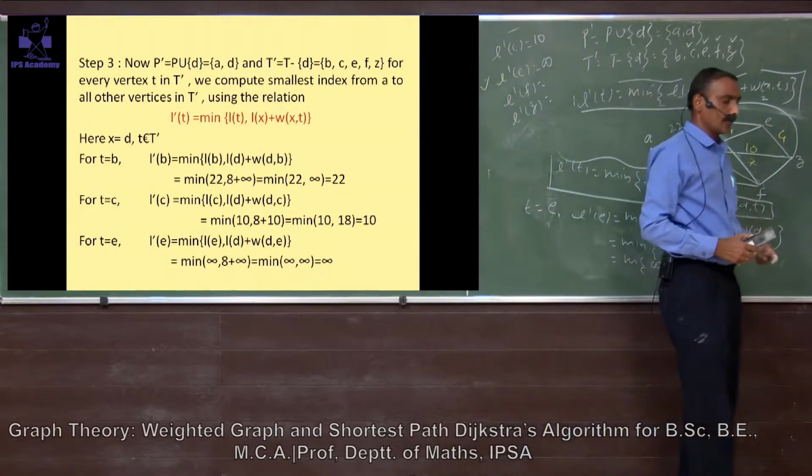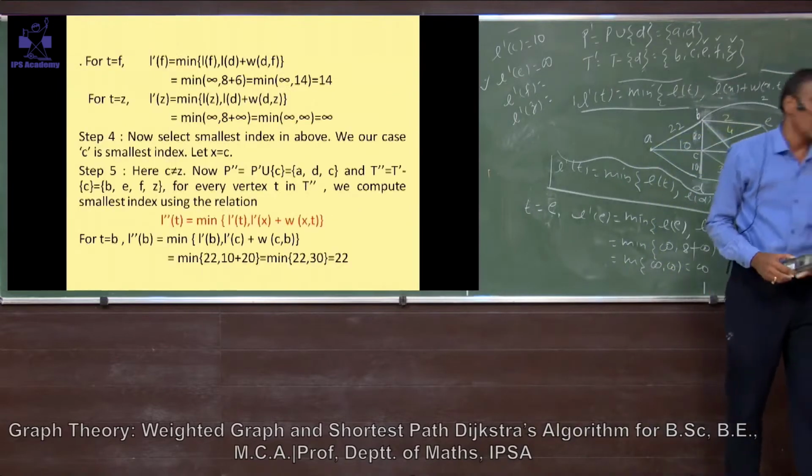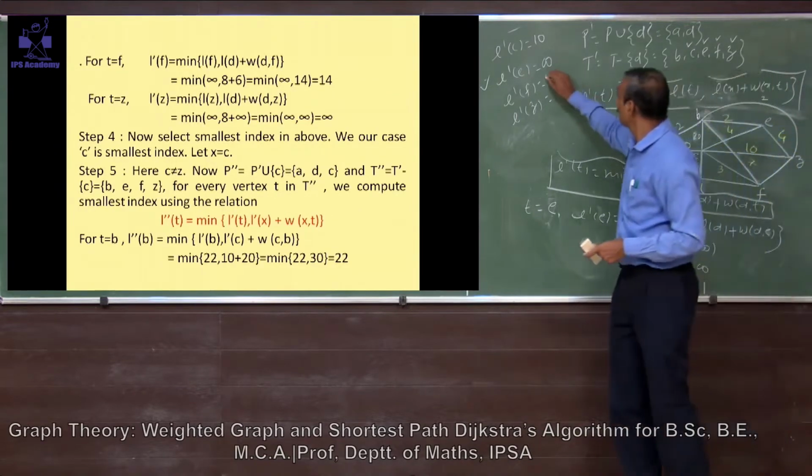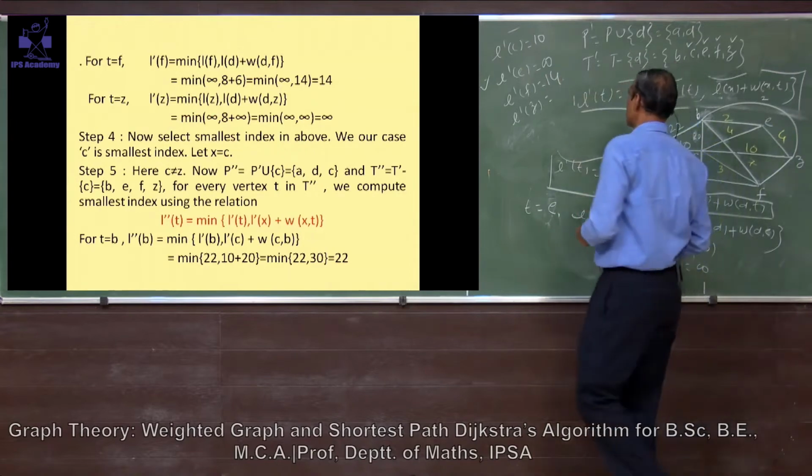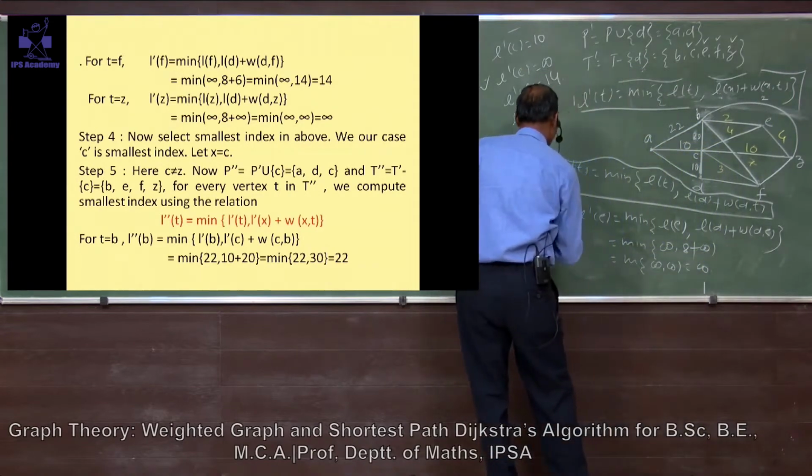Similarly, we find L dash F here. L dash F is 14. Now T equals F here.